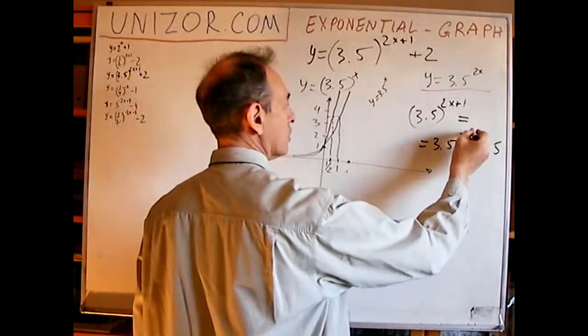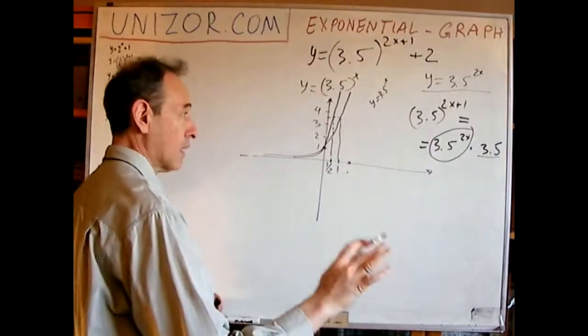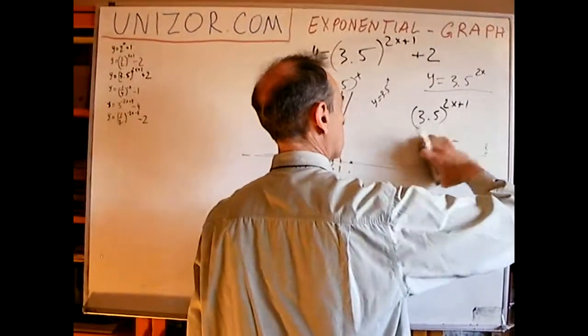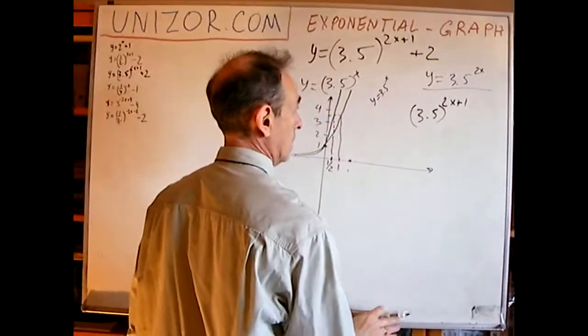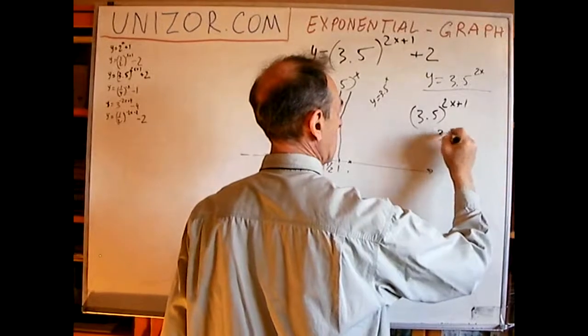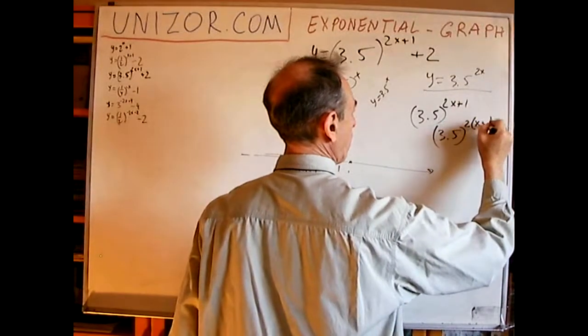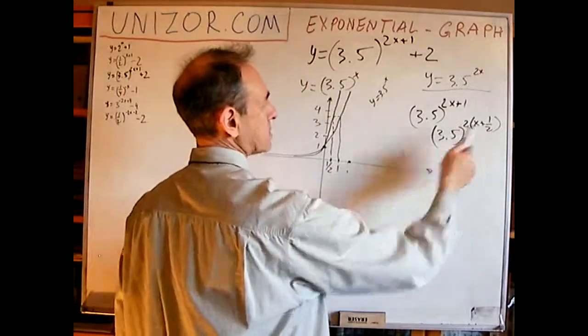So I can actually multiply the function by 3.5. Or, alternatively, I can do it differently. I can do it this way. That's also 2x plus 1, right?